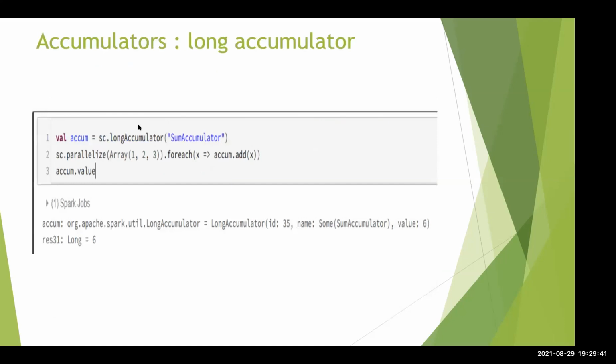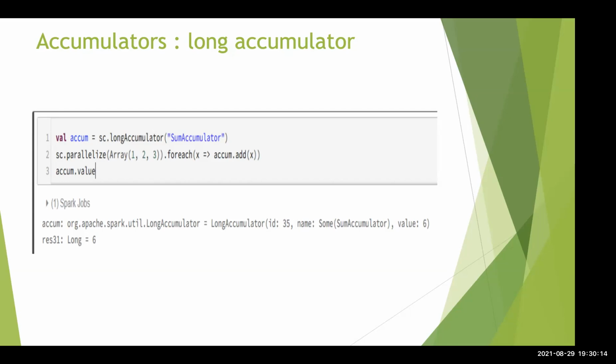Accumulators, I have given one example of accumulator, so you can use that. Let me tell you where I was using an accumulator. You use an accumulator when you need something for informational purposes only. It need not affect your business process or business logic. MapReduce also had a similar concept, and you could use it in Spark as well.